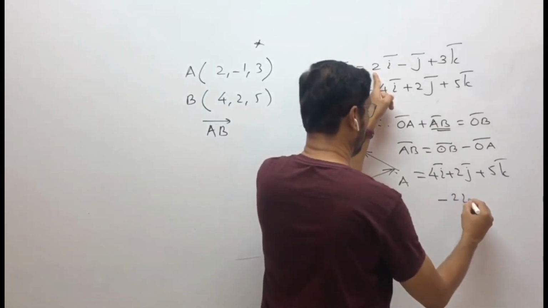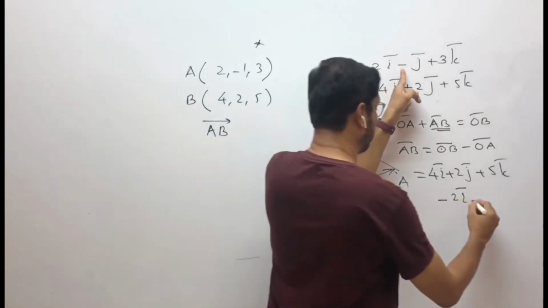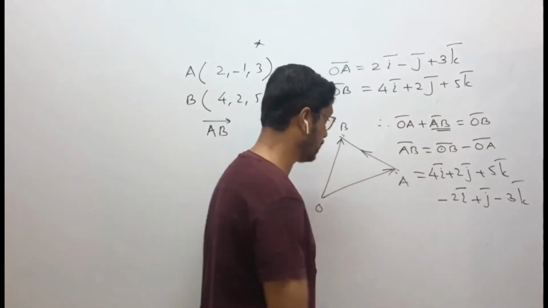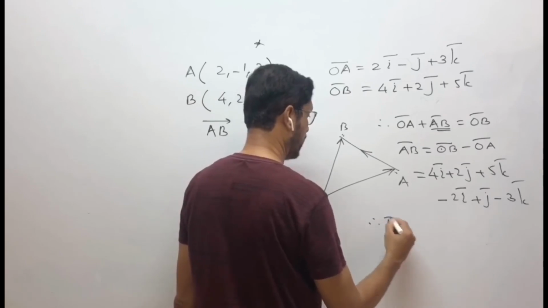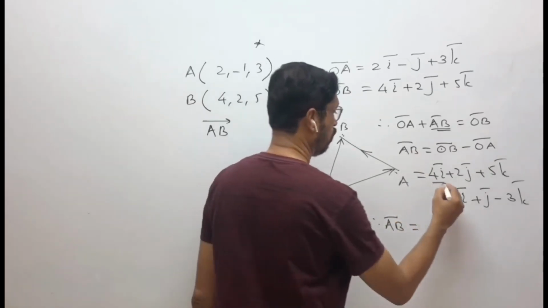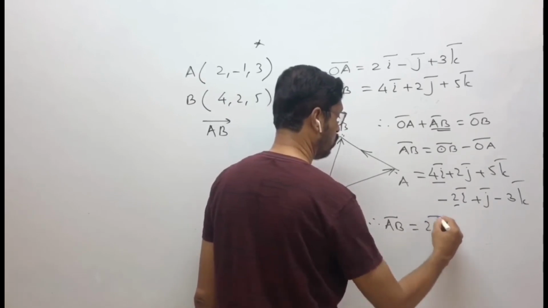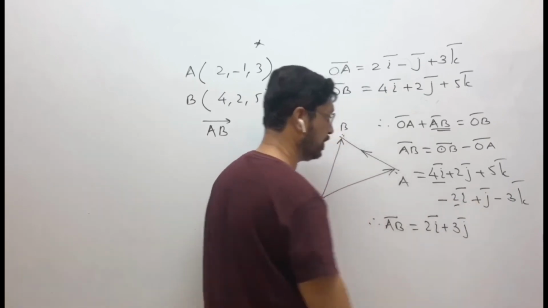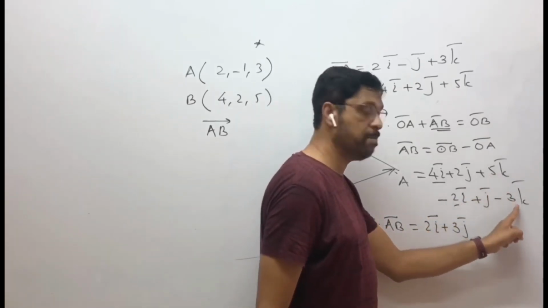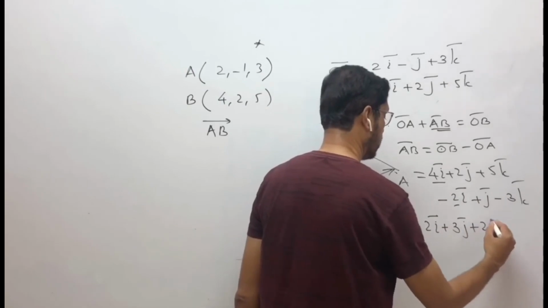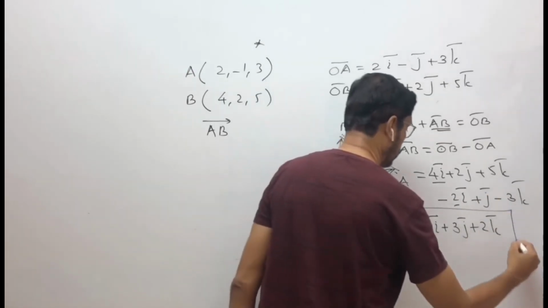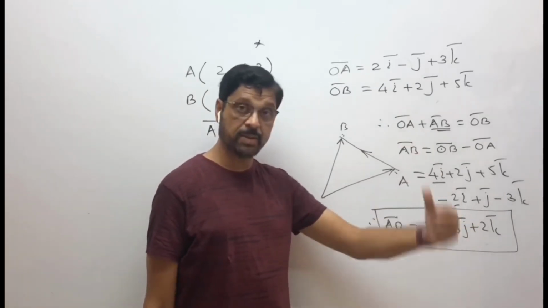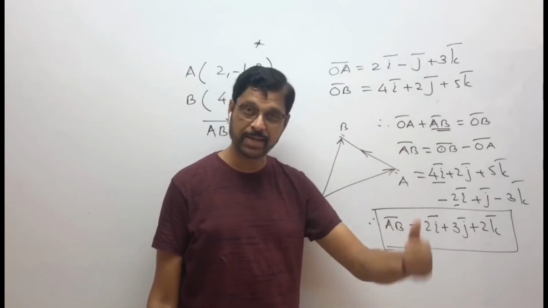So it will become minus 2i plus j minus 3k. Therefore, vector AB will be equal to 4i minus 2i, 2i plus 2j plus j, 3j plus 5k minus 3k, 2k. So your answer is vector AB is equal to 2i plus 3j plus 2k. That will be your final answer.